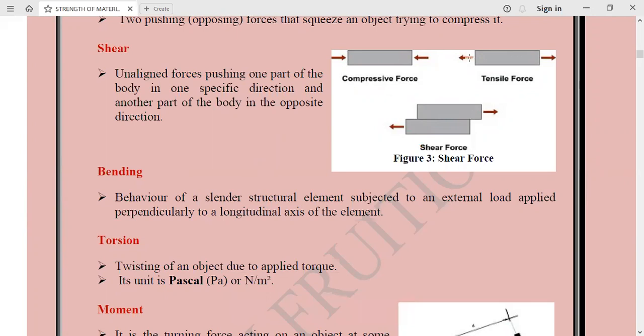The most important thing that you have to remember in bending is that, till now, in the shear force, the tensile force, and the compressive force, the forces that we were applying were all along the longitudinal axis of the element.